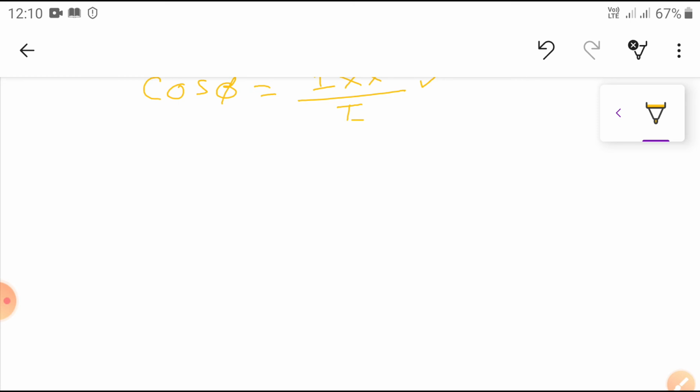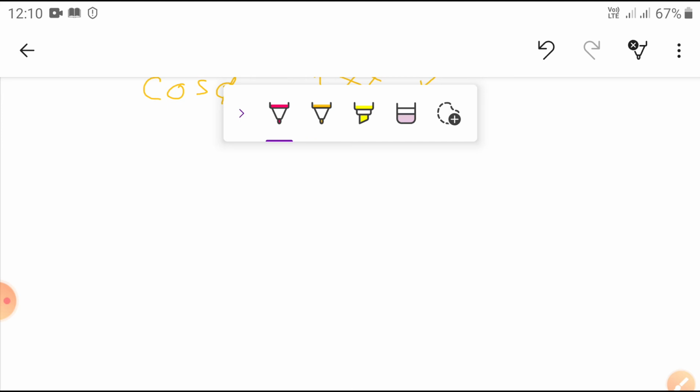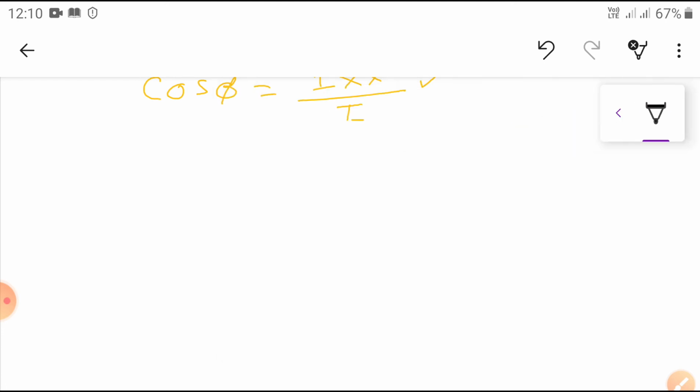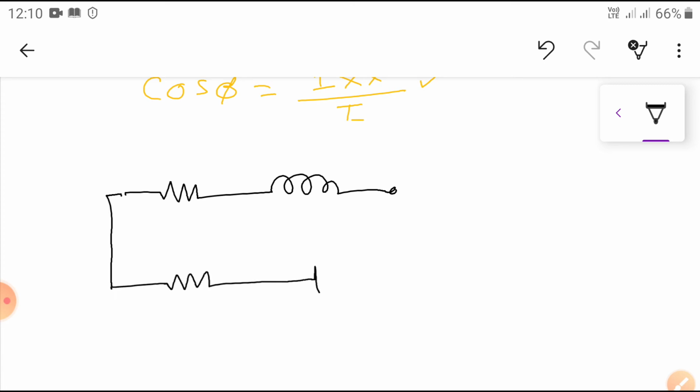So what has it given? Based on the data, you write the diagram. Okay. So let us draw this diagram. One resistance is given in the first circuit, and an inductance circuit is given in branch A. In branch B, another resistance is given and a capacitive circuit is connected here, and both are connected to an AC supply.